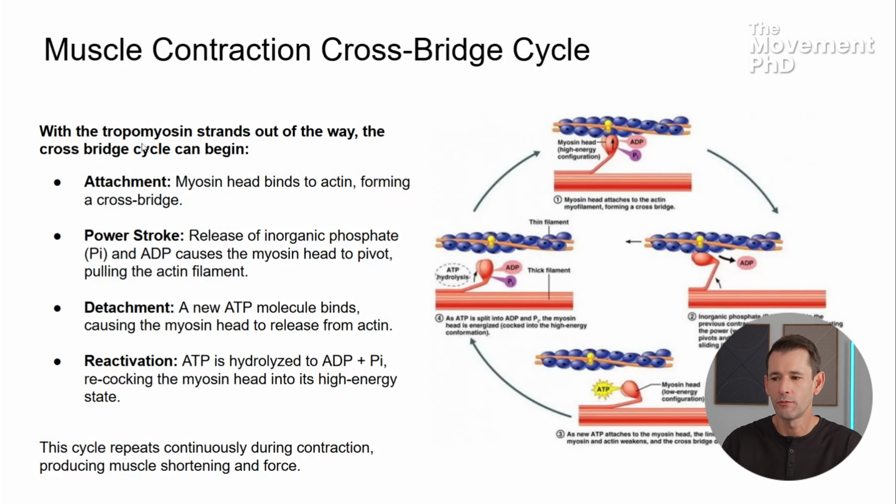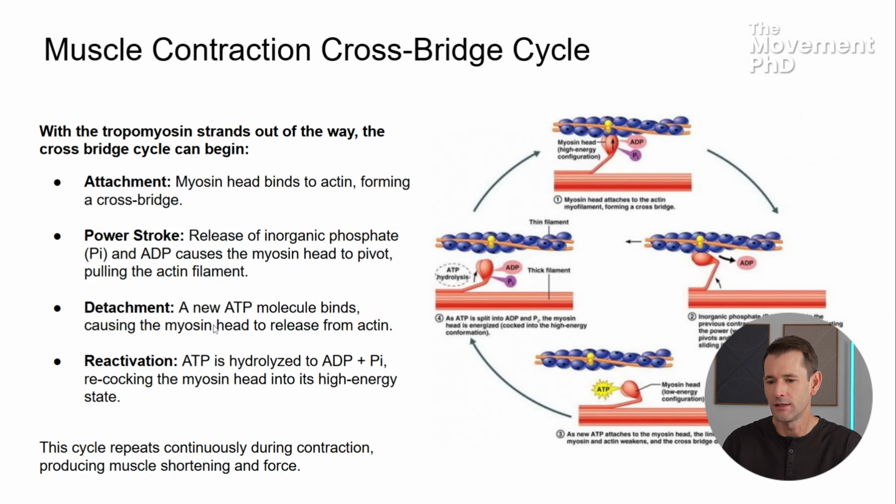When that tropomyosin moves out of the way, now the myosin head can bind to that actin, which forms that cross bridge. Now that we have that bind between myosin and actin, it releases the inorganic phosphate, which then allows the myosin head to pivot, which is actually the motor part. So releasing that Pi from that ADP causes that myosin head to pull that actin filament towards midline.